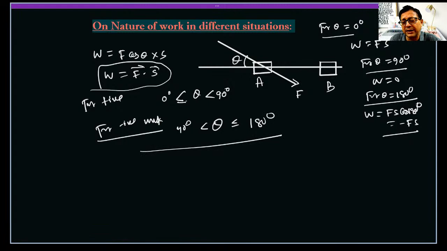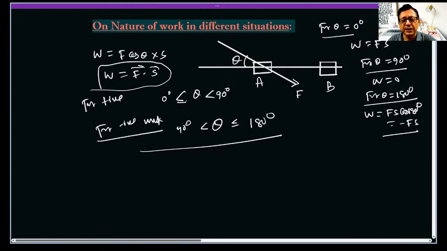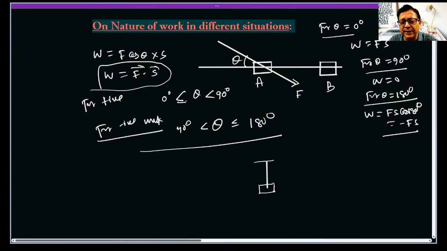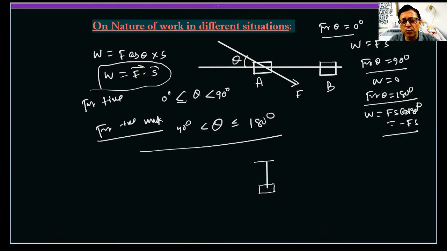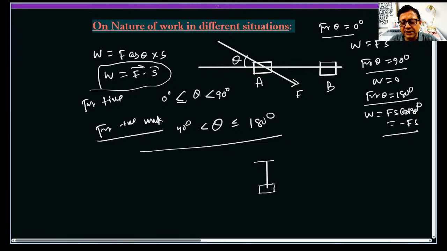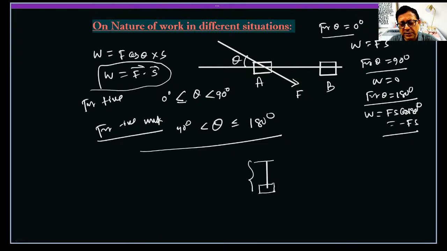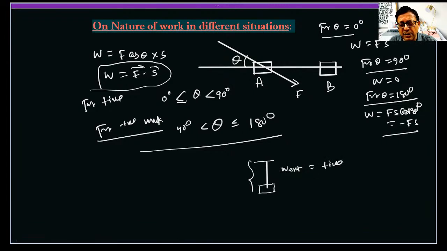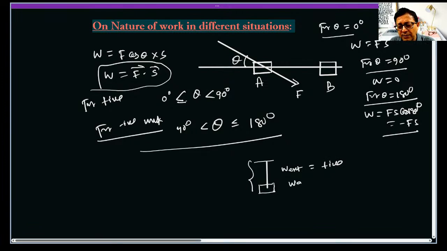Then W becomes negative. If an object is lifted up against gravity, as I explained in the theory class, in this case work done by the external agent will be positive to lift it upward, but work done by gravity will be negative.